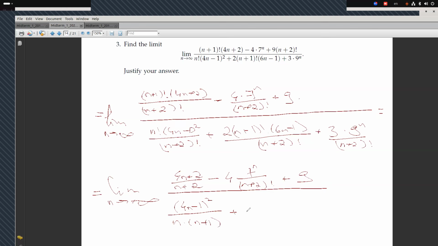What is the limit of this term? Yeah, it's 4. You can write it as (4 + 2/n) divided by (1 + 2/n). And when n goes to infinity, 2/n tends to 0, so here we'll get just 4.